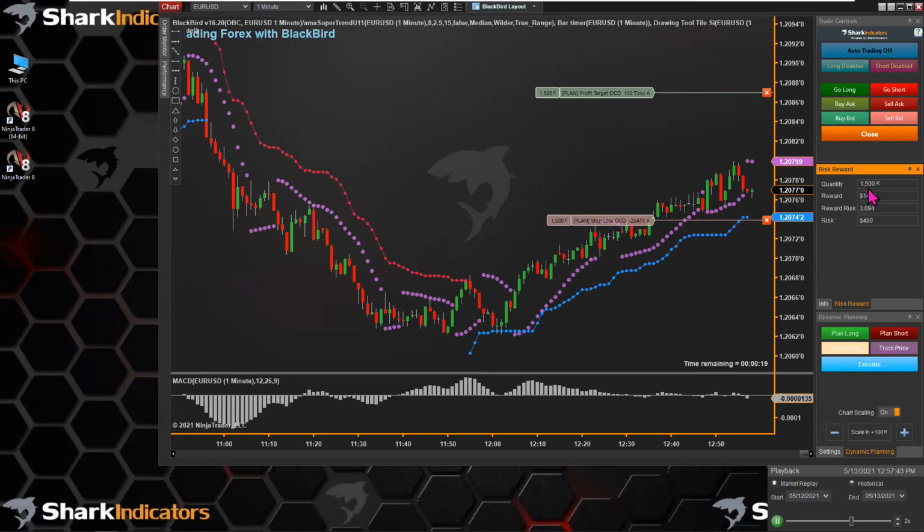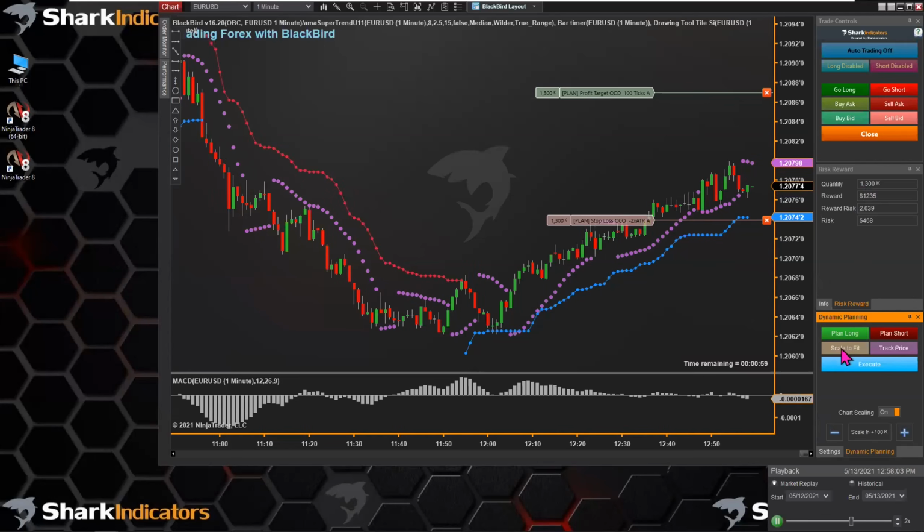Actually, now it's down to 15 standard lots. But we can see that basically this scale to fit capability is that risk per trade contract scaling. You can see that in action here using the risk reward panel, and you can also see it on the flags there.